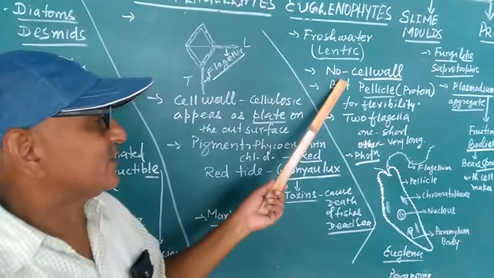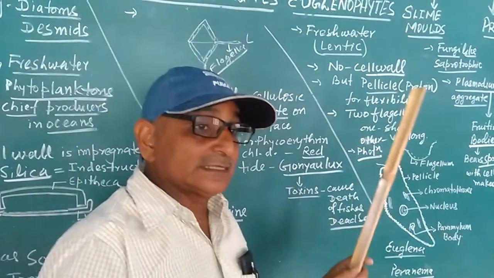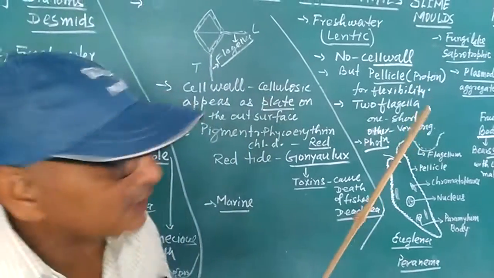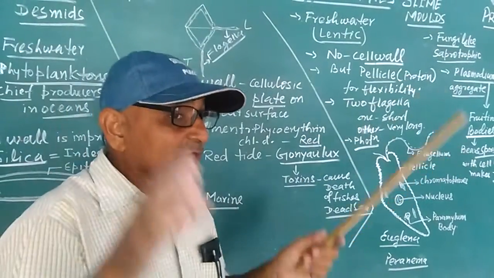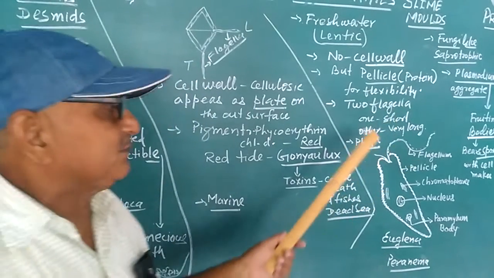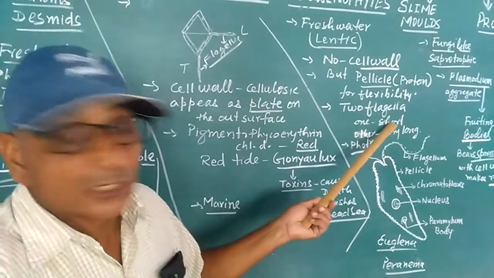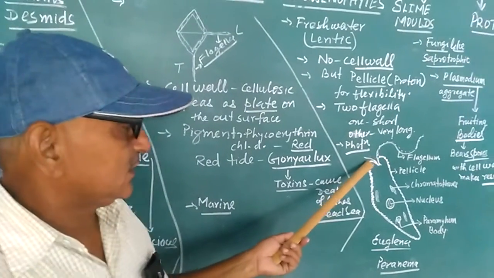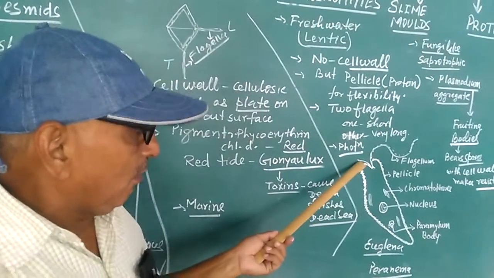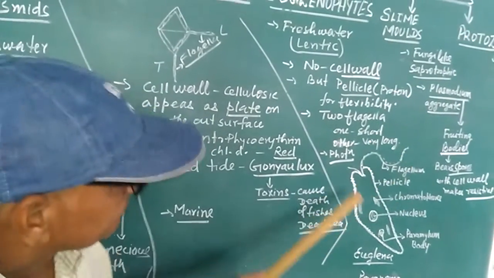They lack a cell wall, but in its place they have a proteinaceous pellicle, which behaves like a cell wall, protects them and provides flexibility. They have two flagella, one short and another long. You can see here in the diagram, this one is the short one and this one is the longer one.